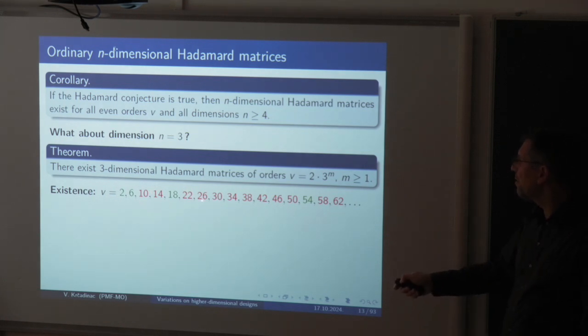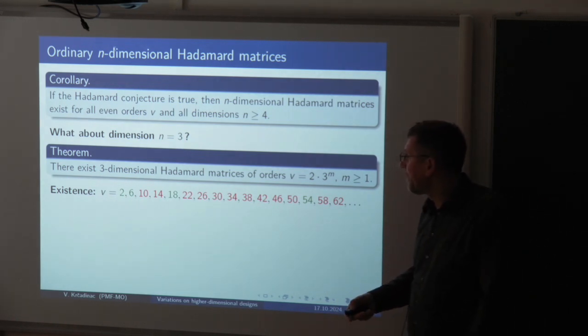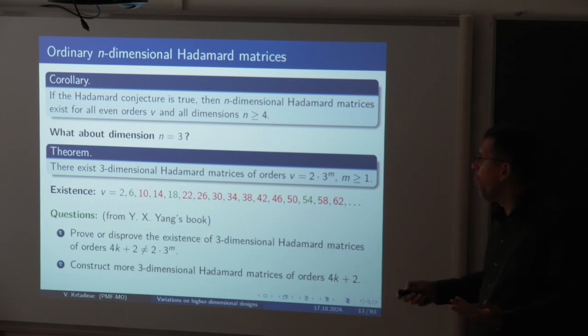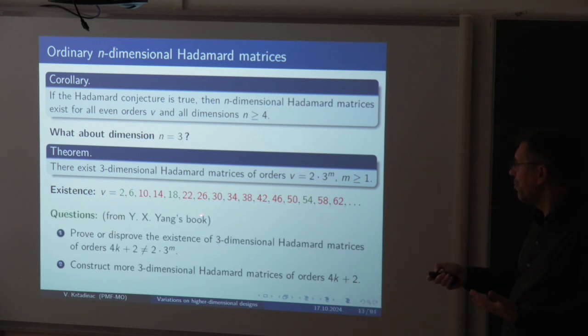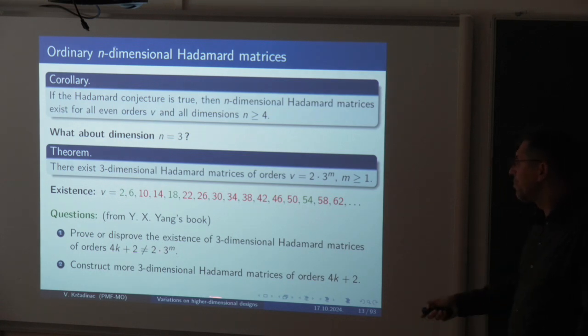10, 14, 22, these are all congruent to 2 mod 4, so oddly even, divisible by 2 but not by 4, for which he didn't know. So he asked in his book whether they exist for other orders that are 2 mod 4 and not of this form 2 times 3 to something, and to try to construct more such examples.